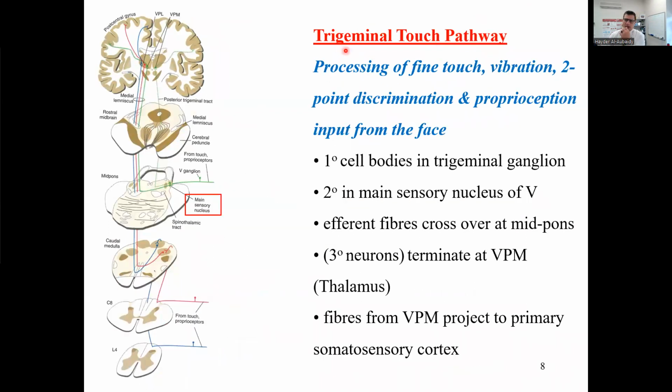So what about the trigeminal touch pathway? The trigeminal touch pathway is responsible for processing fine touch, vibration, two-point discrimination, and proprioception input from the face. This pathway should be similar in function to what other pathway that we covered previously?